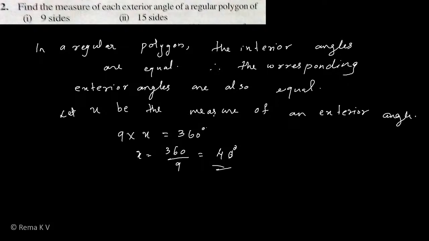Let the measure of an exterior angle be x. If one angle is x, the sum of 9 such angles, since it is a 9-sided polygon, 9 times x gives 360 degree. Sum of exterior angles is equal to 360 degree.